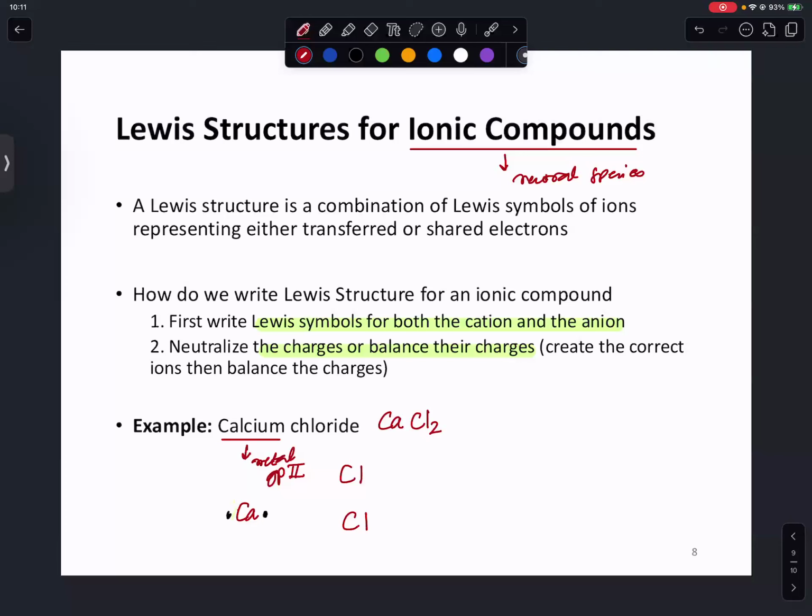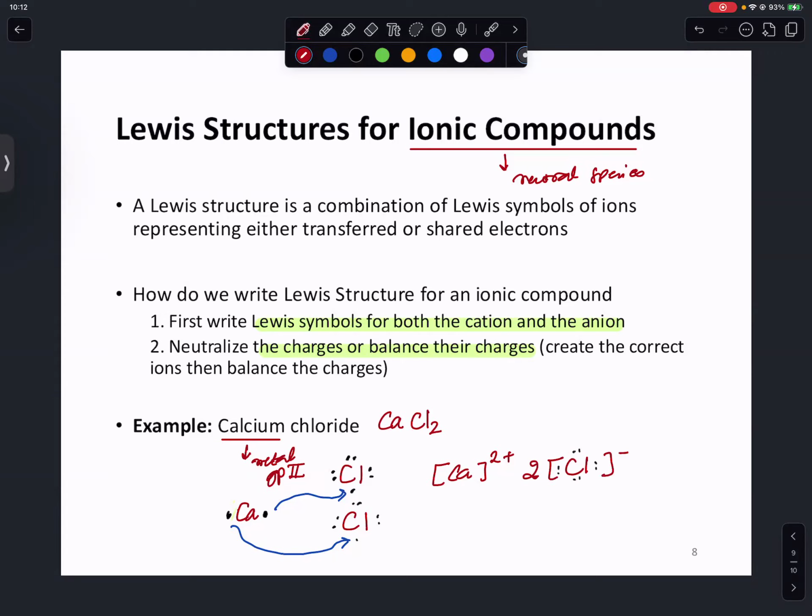Chlorine is in group 17, so it has 7 electrons. And what happens is the calcium will give away 1 electron to each chlorine atom, so it becomes Ca 2 plus, and then 2 chloride minus. Okay, and it becomes 2, 4, 6, 8.